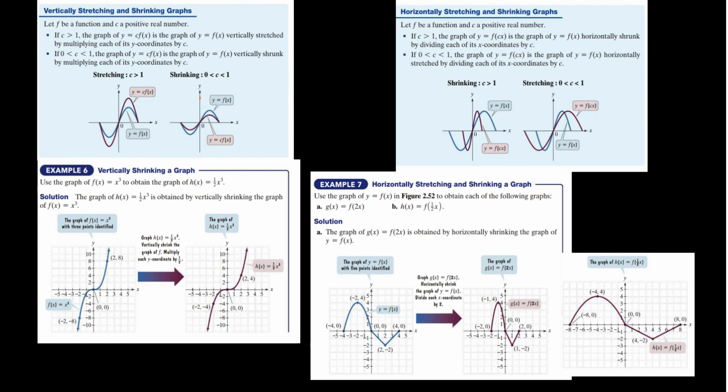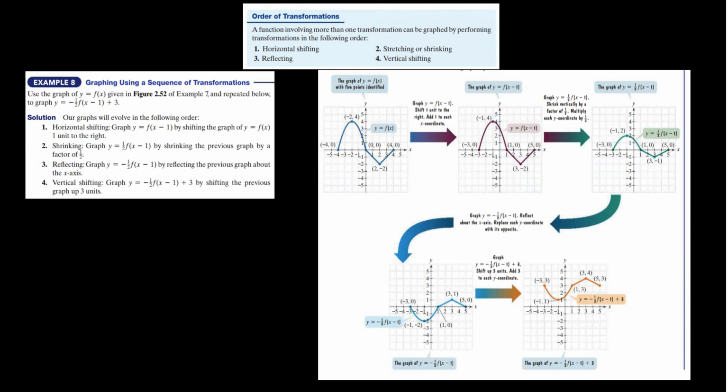For this, we just ask ourselves: is this number greater than 1? No, it's 1/2. So it's between 0 and 1, and we know that we're going to have a vertical shrink. We're going to shrink it by a factor of 1/2. Now again, this is more or less up for interpretation, but we're going to shrink it by a factor of 1/2.